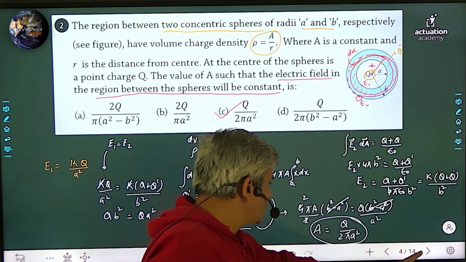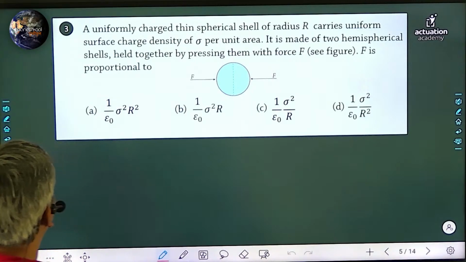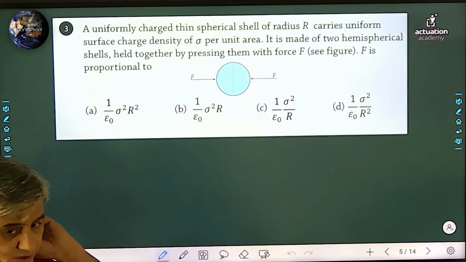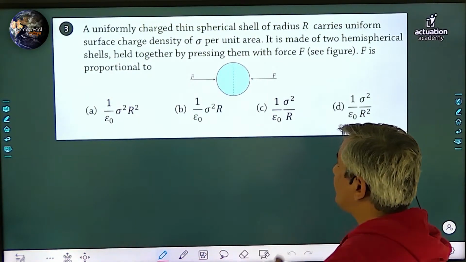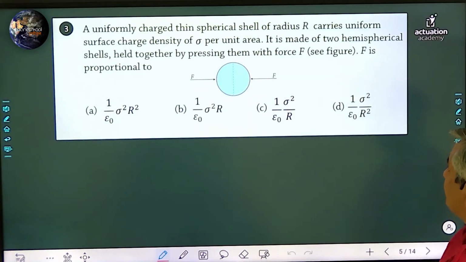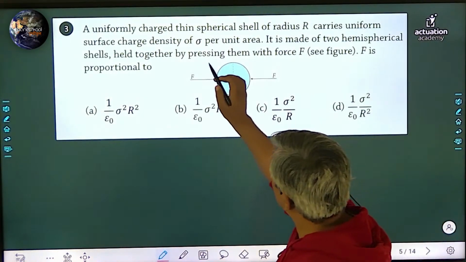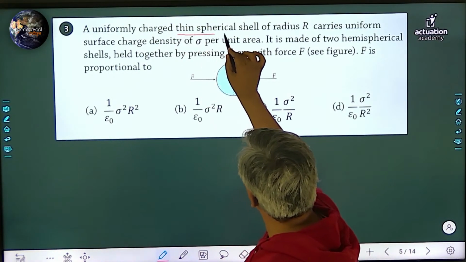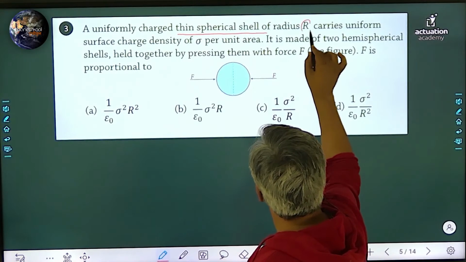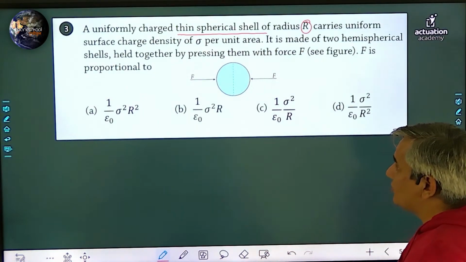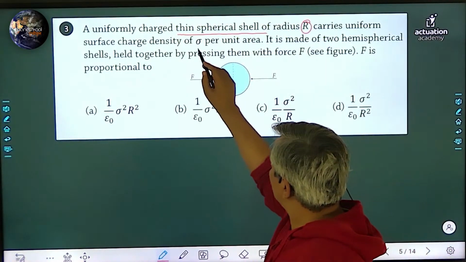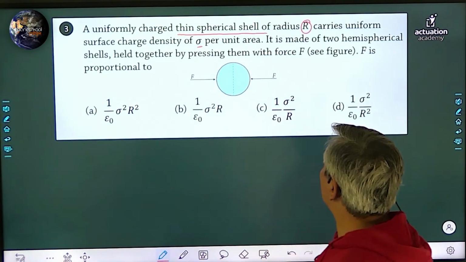Now let's move to question number 3. This question reads out that a uniformly charged thin spherical shell of radius r carries uniform surface charge density sigma per unit area.